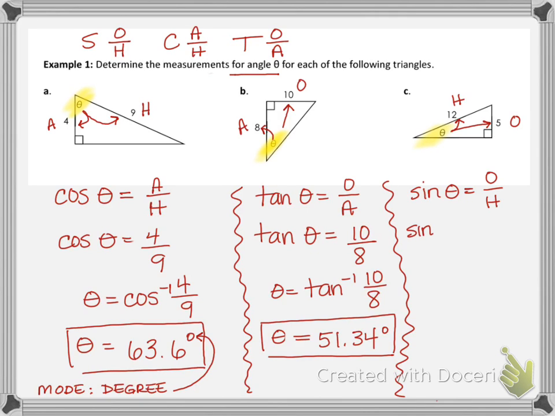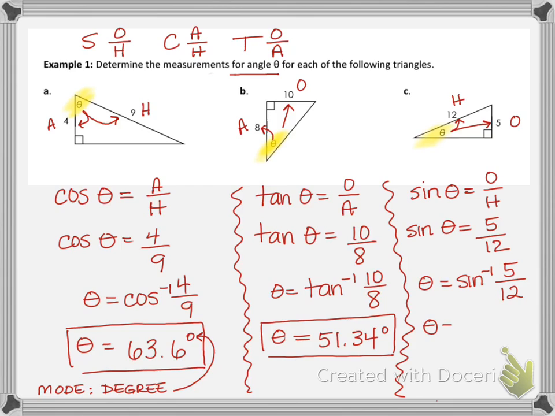Well, for the sine, I don't substitute theta because I don't have the angle. Opposite over 12, which is my hypotenuse. I need to solve for my angle. And so I take the sine inverse of the ratio.